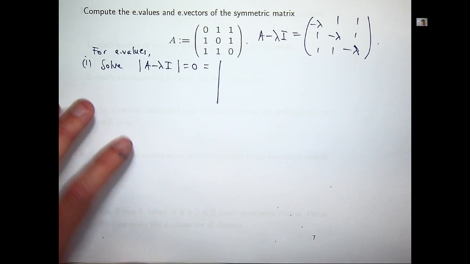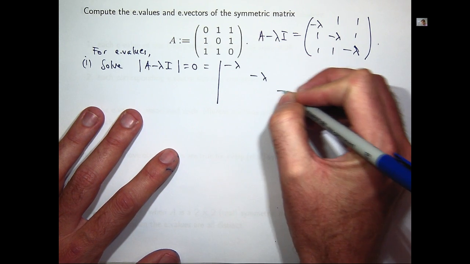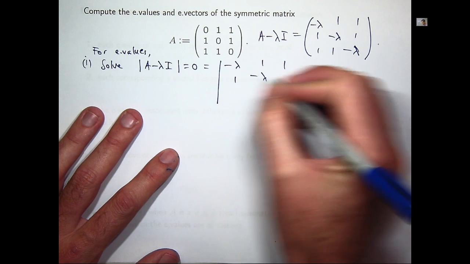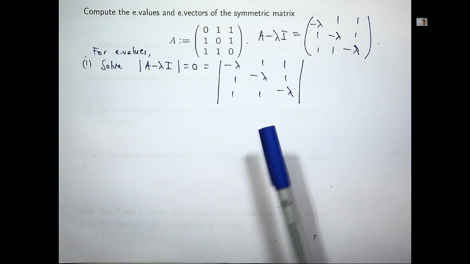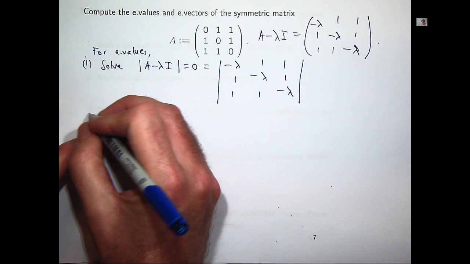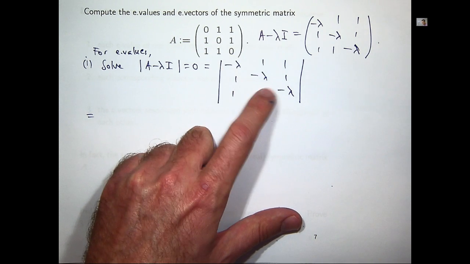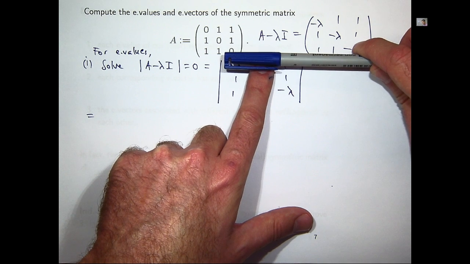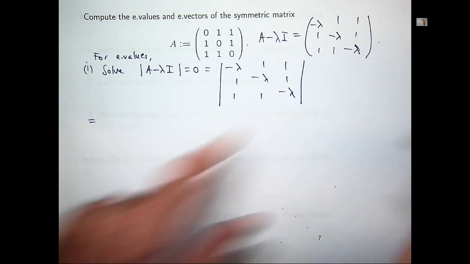It's going to be a 3 by 3 determinant. Okay, so again, I'm just going to expand along the top row. So minus lambda times the determinant of what's left, minus 1 times the determinant of what's left, plus 1 times the determinant of what's left.